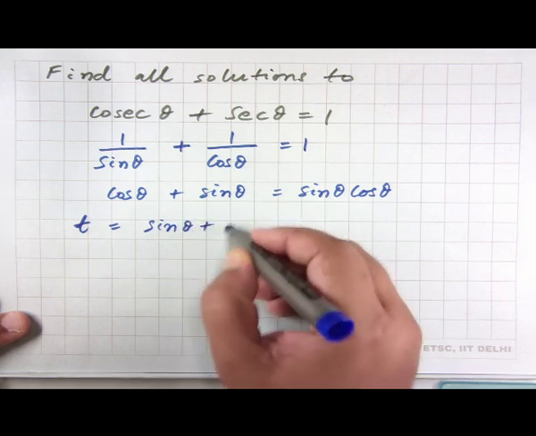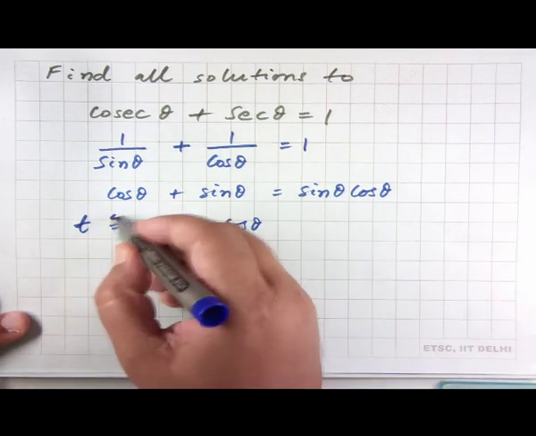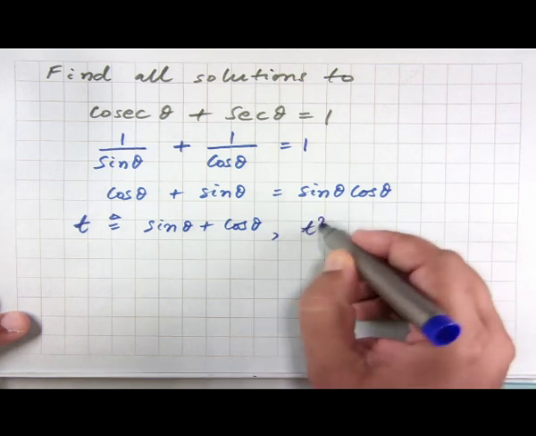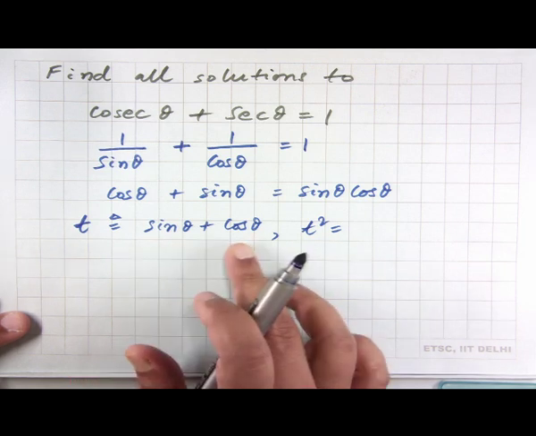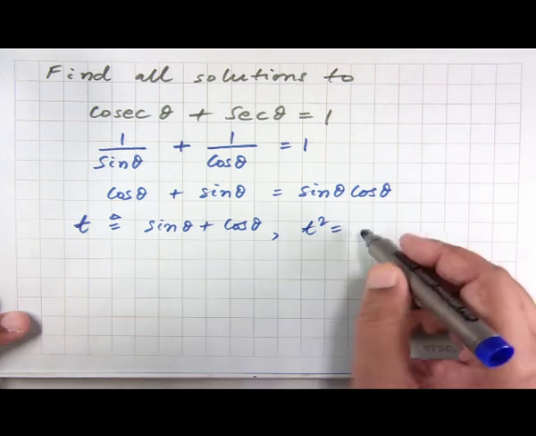sin theta plus cos theta, so this is a newly defined variable. Then you will see that t square is sin square theta plus cos square theta plus 2 sin theta cos theta.